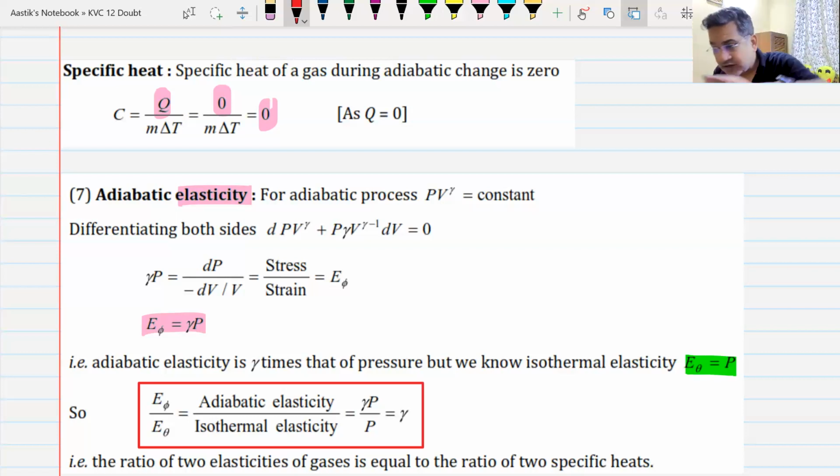So you must know Ram is adiabatic process and Sitaji is isothermal process. And Ramji is gamma times P and Sitaji is P. That's all we need to know. Not the entire Ramayana. Done, sir.